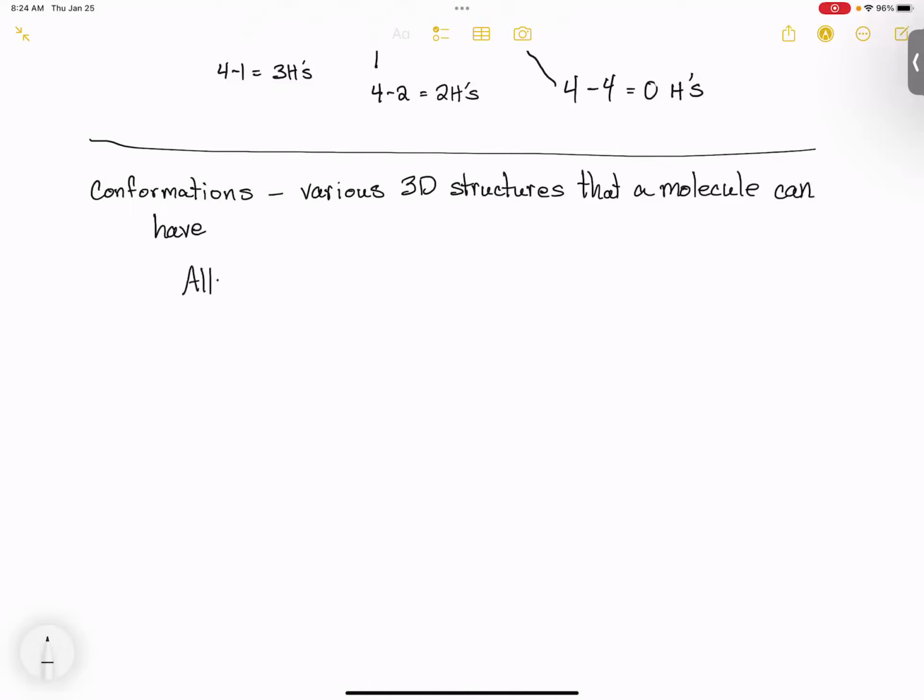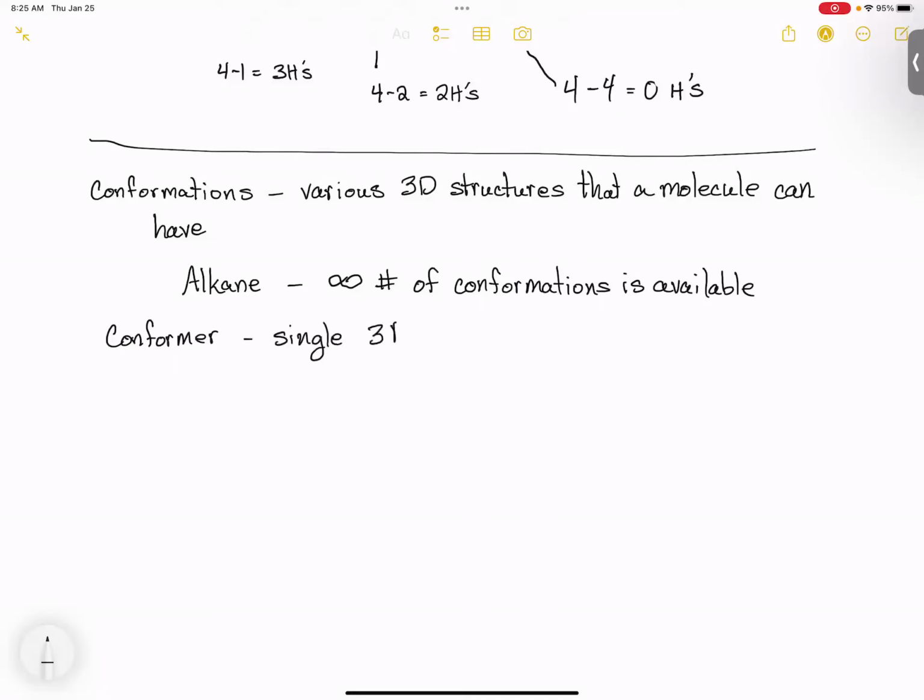For an alkane, an unlimited or infinite number of conformations is available. The second definition is a conformer, which is a single 3D structure of the molecule.